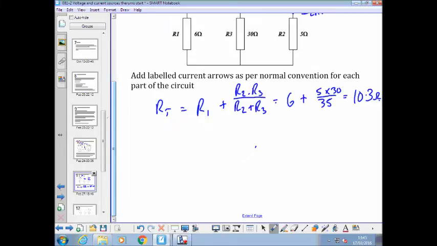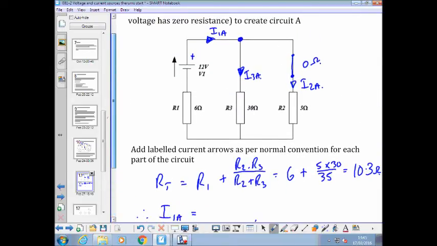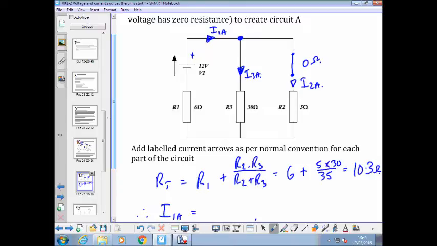We can then do, therefore, I1A is equal to, can we do that now or not?